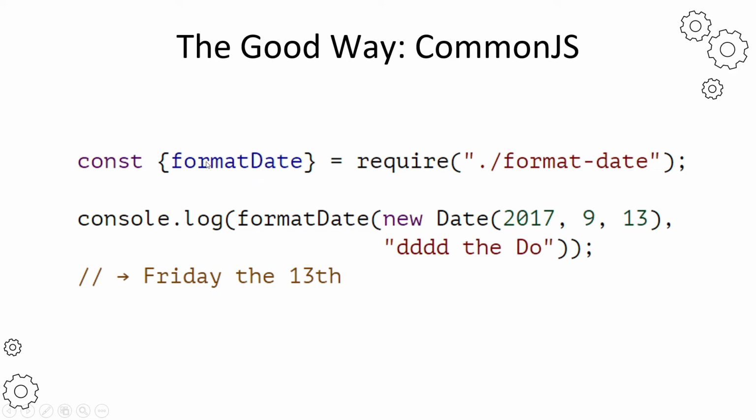And then it's using the formatDate function from the module. The curly brackets are used to destructure the function from our module, right? And then a new day is passed in, and then here is the format. So we have the long day and then the ordinal day. That's why we get Friday the 13th.